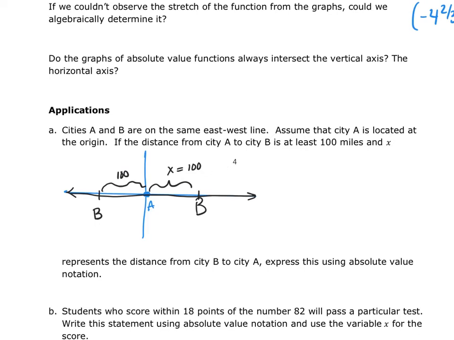So what that means is, if we let x be the distance between the 2 points, the absolute value of x has to be greater than or equal to 100, because what I want is the values on the outside of 100, because it says at least 100 miles. So if I have at least 100 miles, then I want the distance, the absolute value of x, to be greater than or equal to 100.